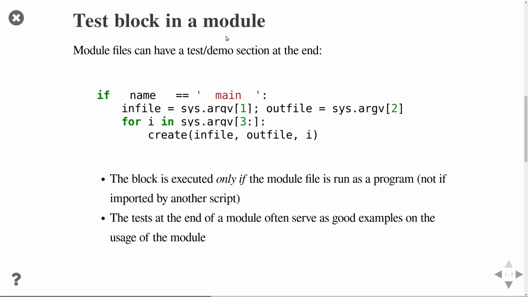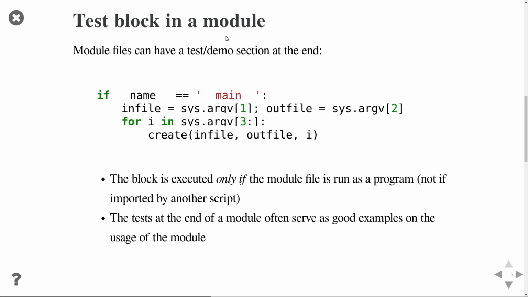The way you can do that is by using this if statement at the very end of your module file. If __name__ == '__main__': there are two underscores here that are not visible on the slides. And then you have some code that makes use of the functions in the module.